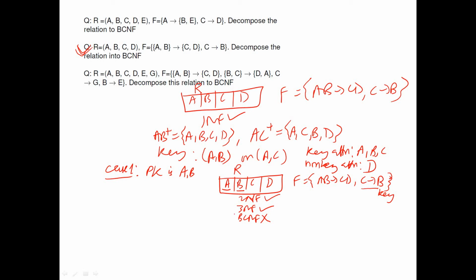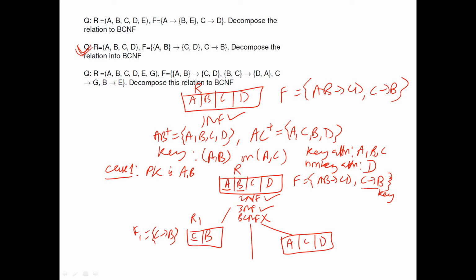That means I'll go for decomposing the relation as, let it be R1 containing C to B. F1 will contain C determines B, and on the other side I'll get A, C, D. Students, earlier I took AB as the primary key, but now there is no B available in my R2.